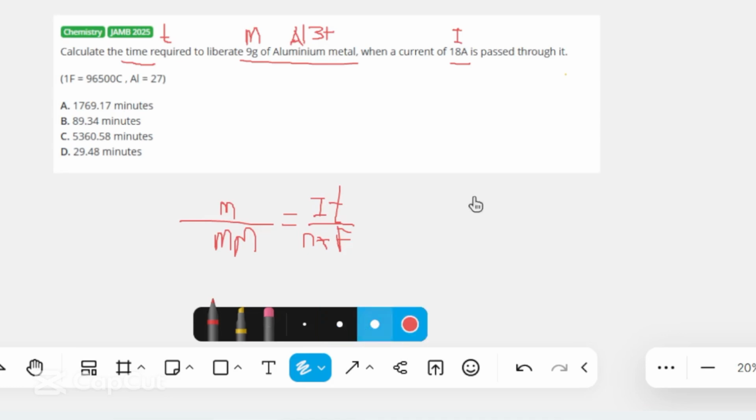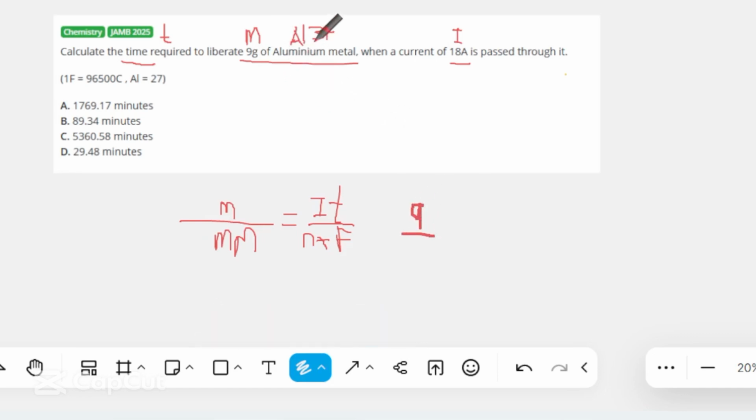That being said, you know your mass to be 9 grams. So you're going to write 9 over the atomic mass of aluminium, Al, which is 27, equals the current I, which is 18 amps, multiplied by the time, which is actually time in seconds.